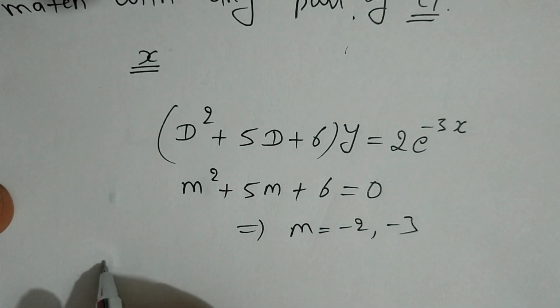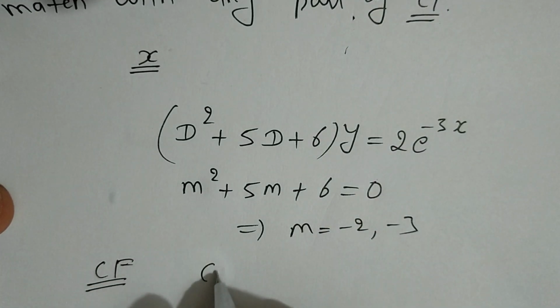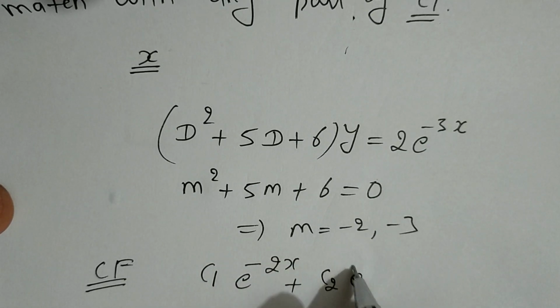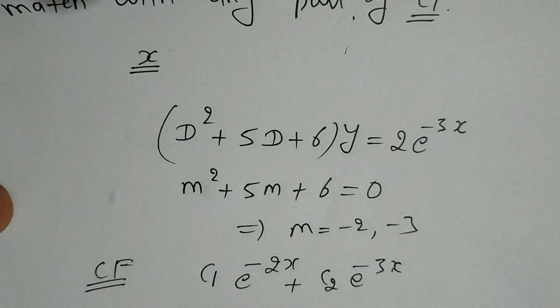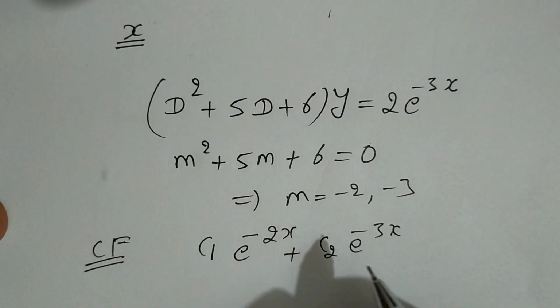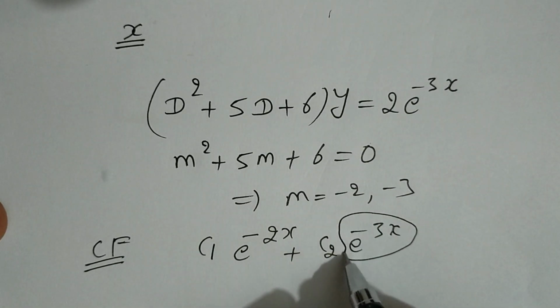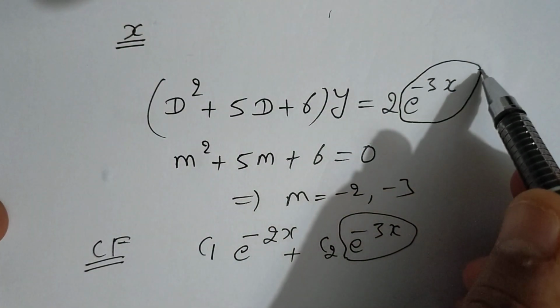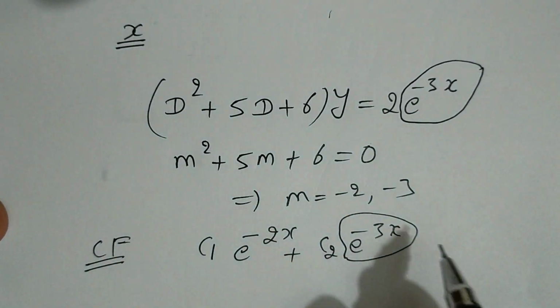So your complementary function CF will be C1 e power minus 2x plus C2 e power minus 3x. Now if you see this exponential minus 3x, and in the non-homogeneous part exponential minus 3x, both are matching.